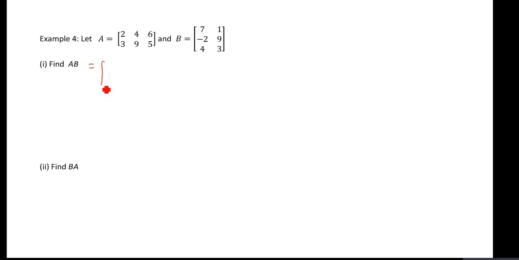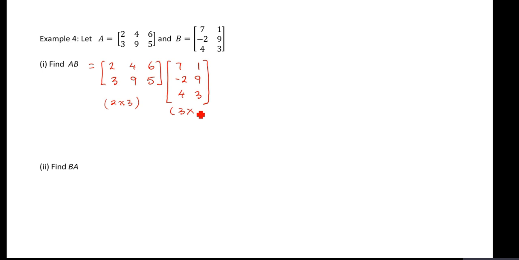A is 2, 4, 6, 3, 9, 5. I'm multiplying B, 7, 1, minus 2, 9, 4, and 3. Can I do this? Let's check the order. That's a 2 by 3. What is this?